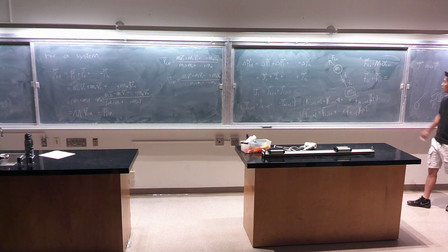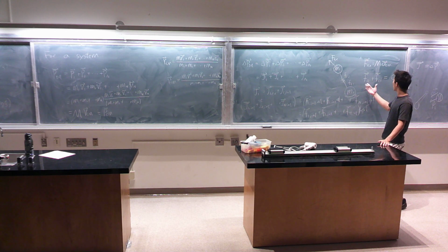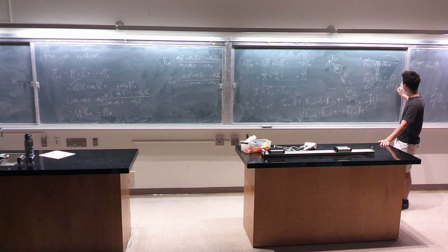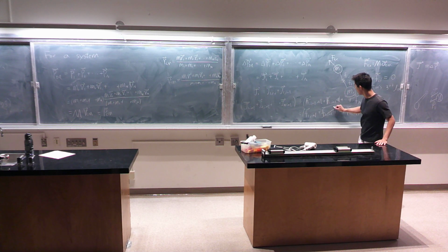It's 0 because it's the interaction between particles. This is going to be equal and opposite according to Newton's third law. So you've done this for F equals ma. It's the same story here. If you add all the internal forces, it's just going to be 0.